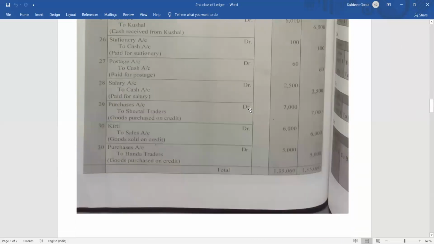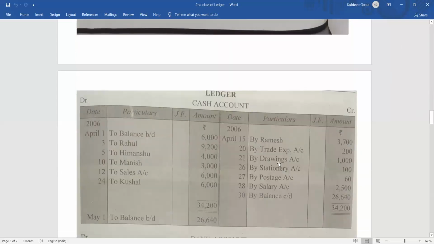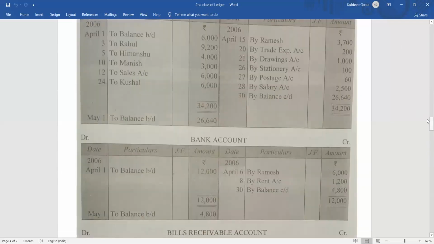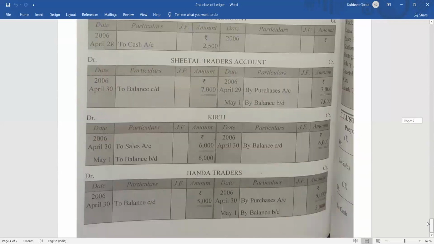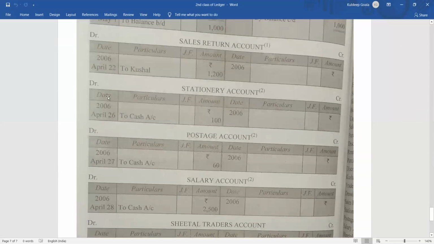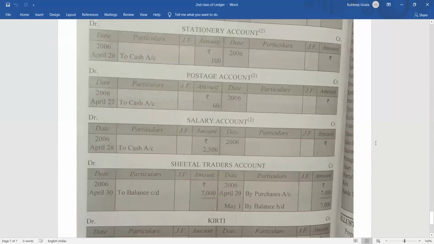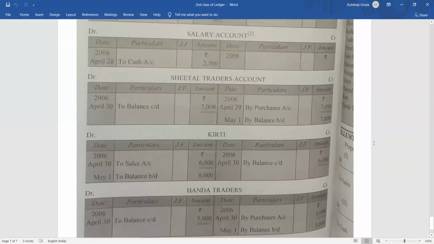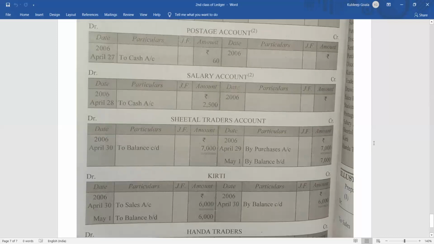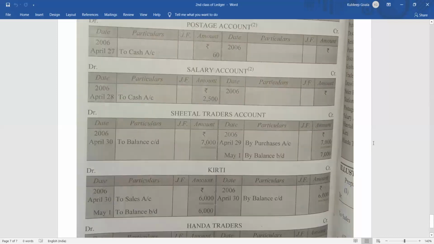So cash account credit side by stationery 100. And stationery will be debited, right? So stationery account debit side to cash 100. Clear? Right? All of you understood?